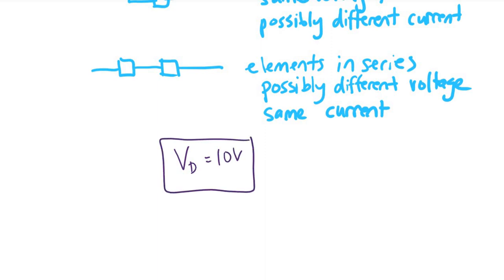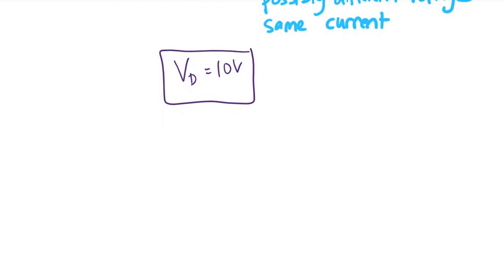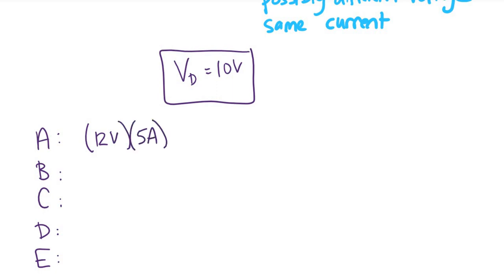Okay, so now we've got voltages and currents for every one of our elements, and it's just about going through and multiplying everything together. All right. So starting with element A, we have 12 volts times 5 amps.